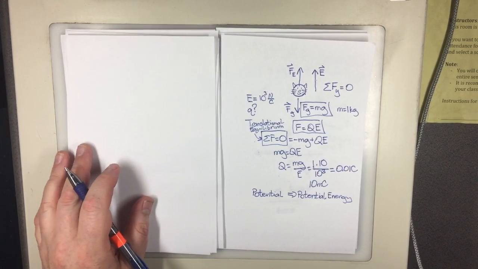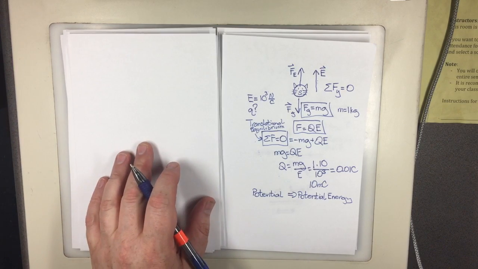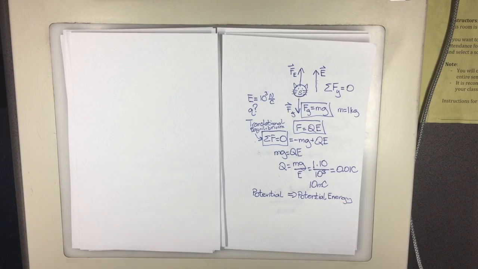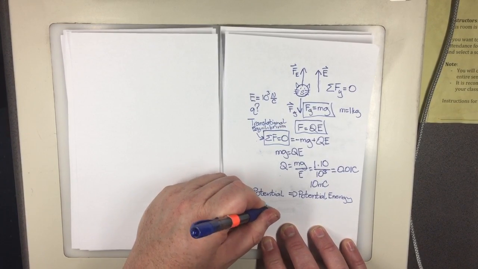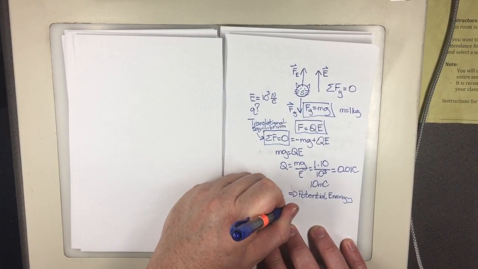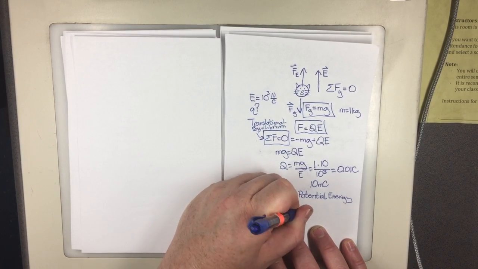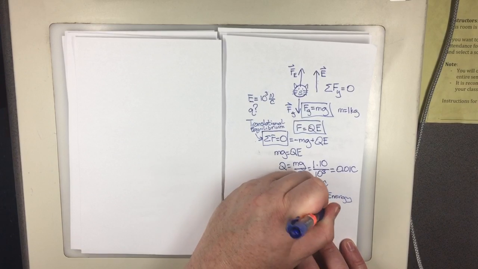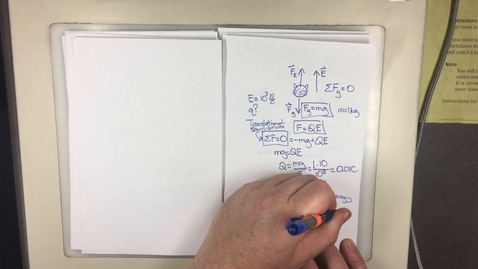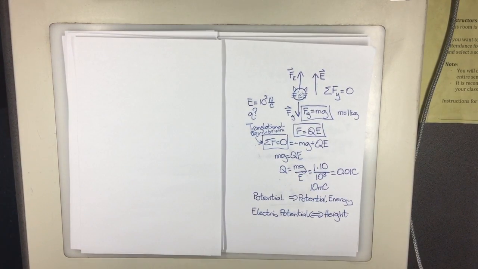Now, the way that I equate potential and electric potential is I make it similar to height. If you're way up on a mountain, you're at high potential.